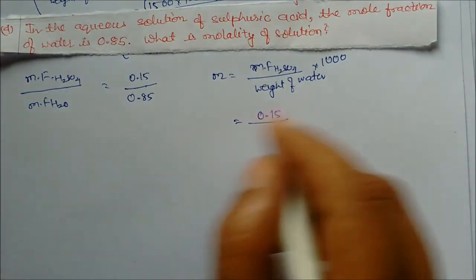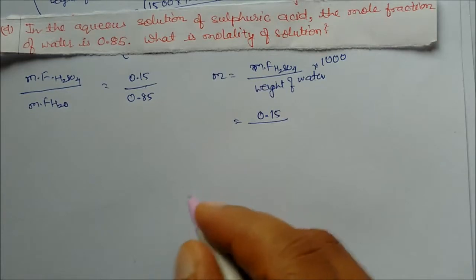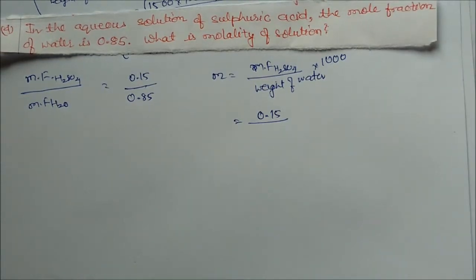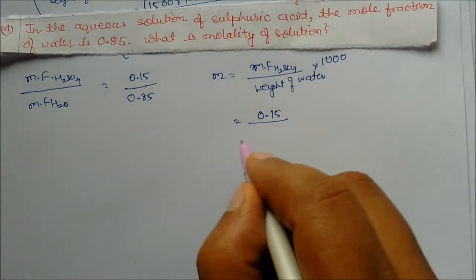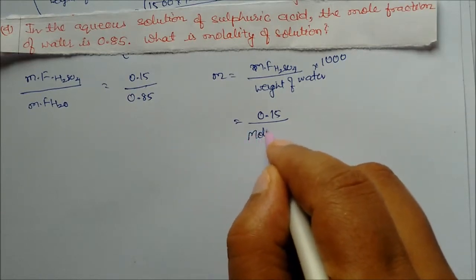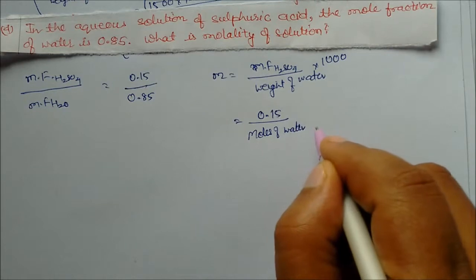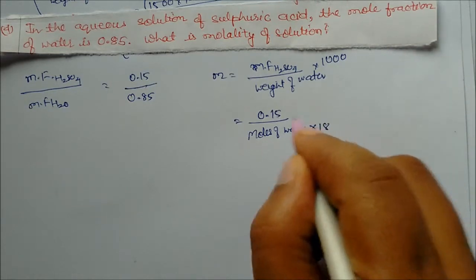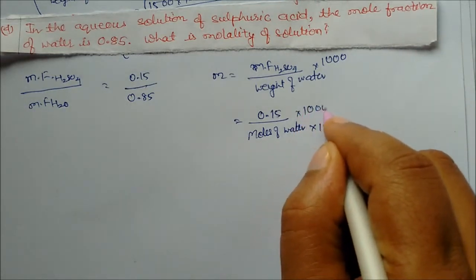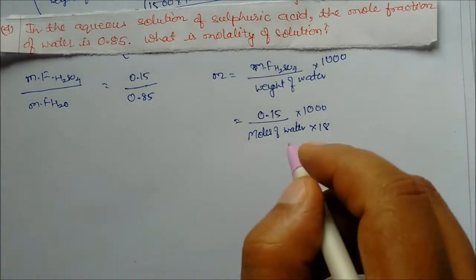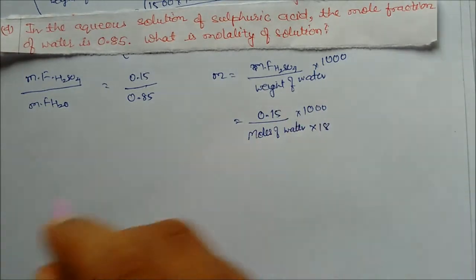What is the weight of water? The weight of water is the moles of water multiplied by 18, into 1000.